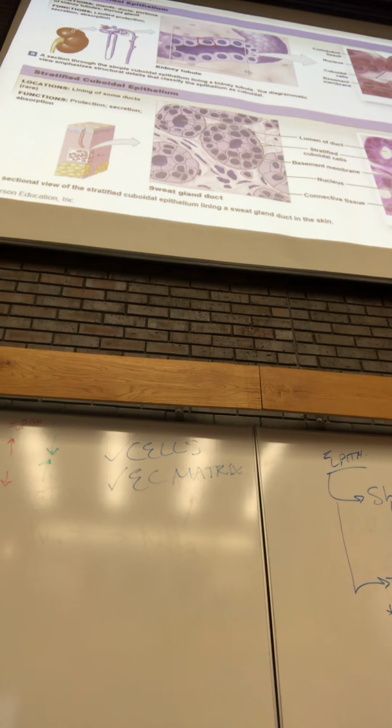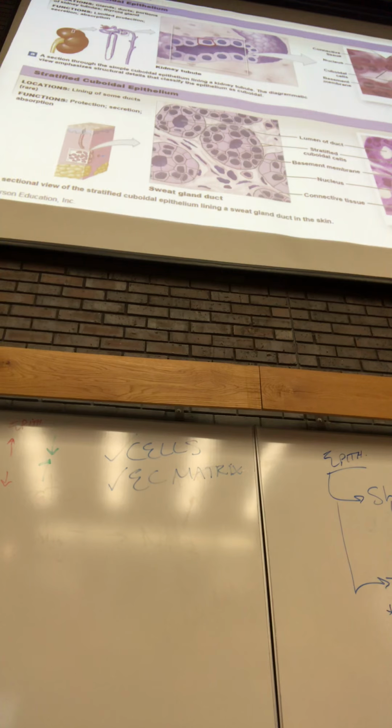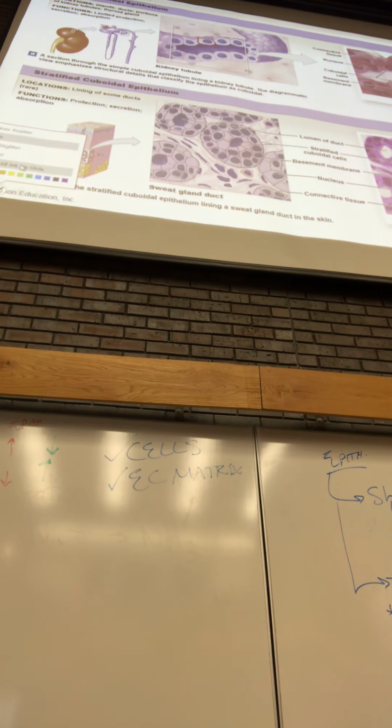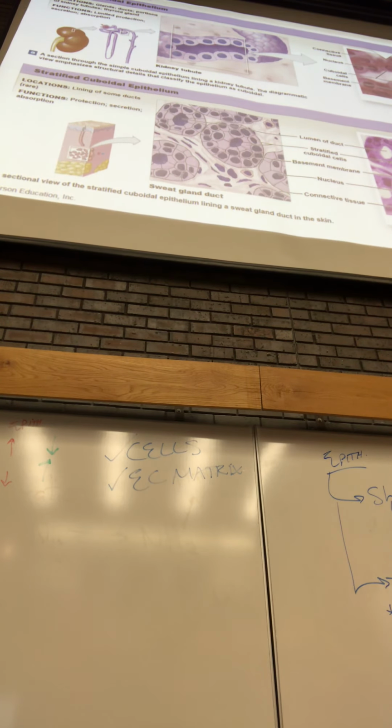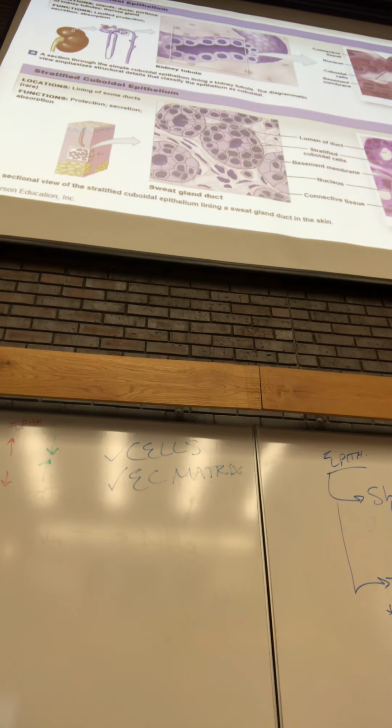And you see a cuboidal shaped cell here, I boxed in red. Just deep to it is other stuff. And what other stuff, we're not worried about right now, but there's something, but what it's definitely not is another row of cube-shaped cells. Does that make sense? Okay.